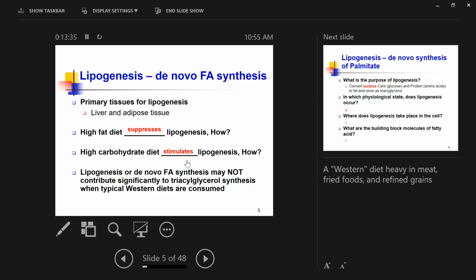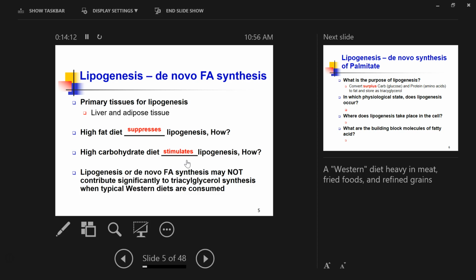So lipogenesis will not be very active when you eat a very high-fat diet. In other words, lipogenesis does not significantly contribute to triglyceride synthesis when we eat a high-fat diet, right? Does that make sense? And simply remember that a high-fat diet will inhibit lipogenesis, right?